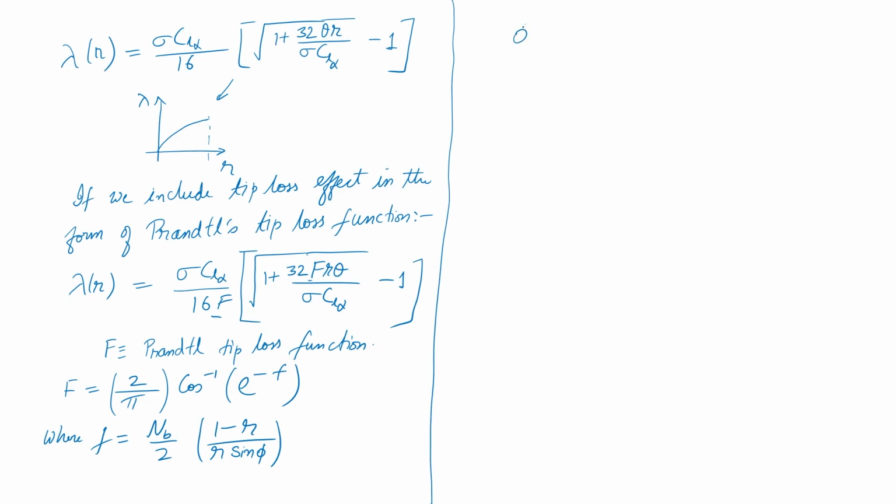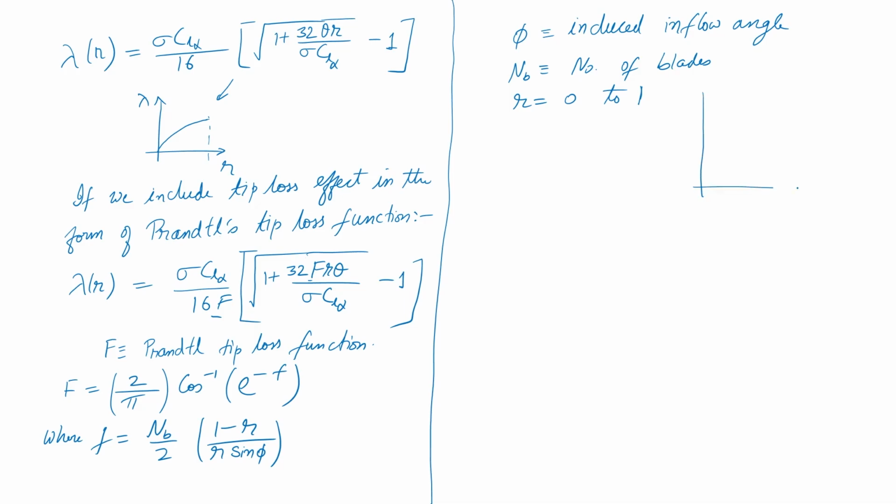So, in this phi is induced inflow angle, then we have N b, which is our usual number of blades, and r is the same non-dimensional distance 0 to 1, non-dimensional radius.